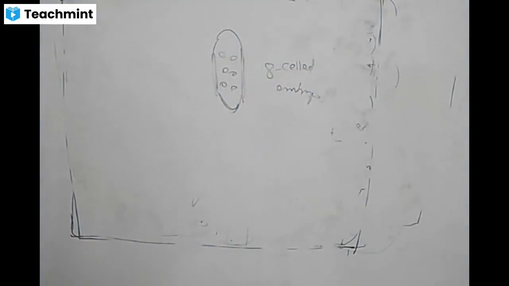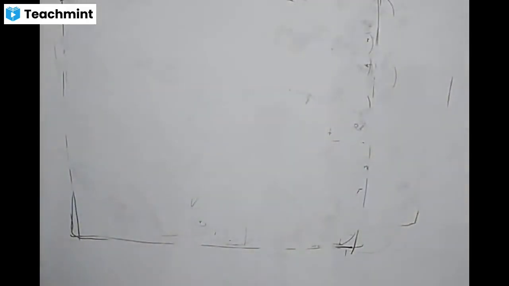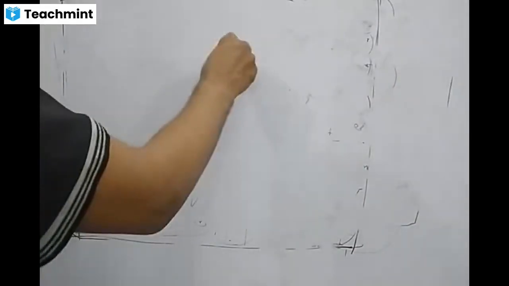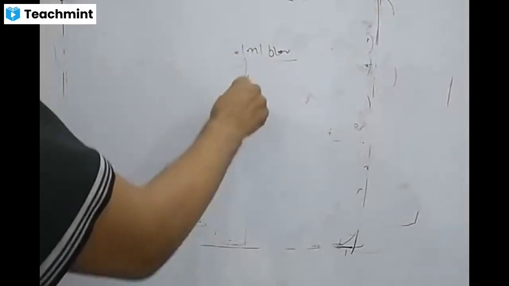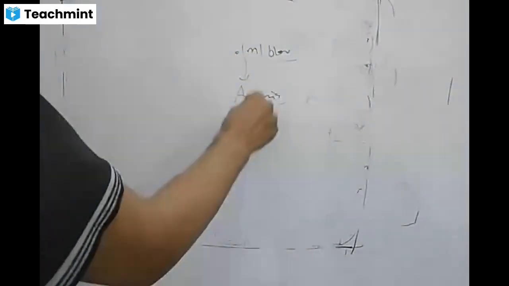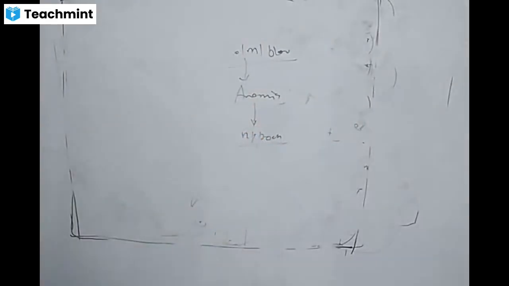So this parasite is a blood-sucking parasite. It means 0.1 ml blood it sucks, that may lead to anemia, and that anemia is hypochromic anemia. Microcytic, the cell becomes small, hypochromic anemia.